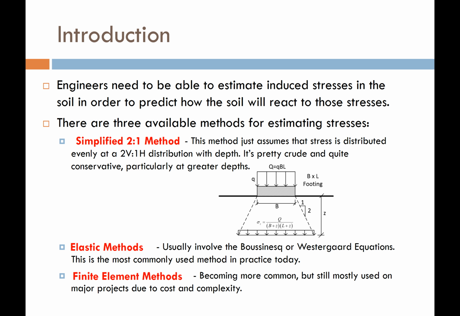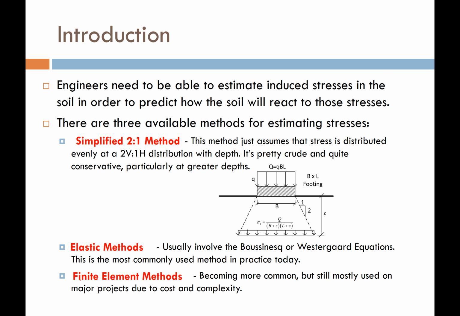But coming up behind it is the third method that I just briefly want to talk about, and these are numerical solutions or finite element modeling methods. These approaches are becoming more and more common as they become more and more validated and software becomes easier and easier to use, but engineers still are going to fall back to elastic methods.